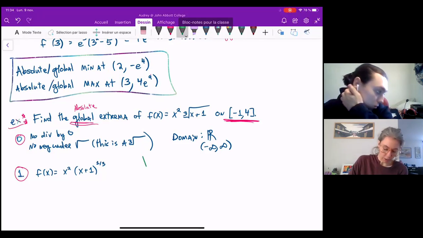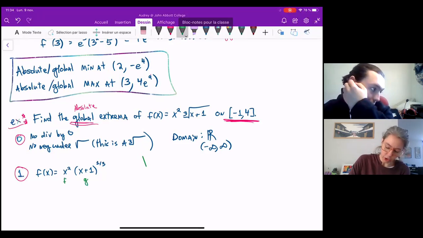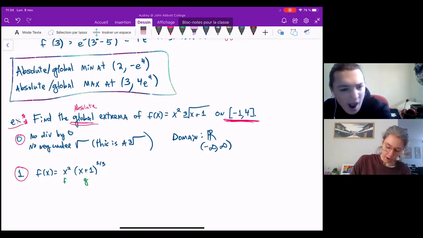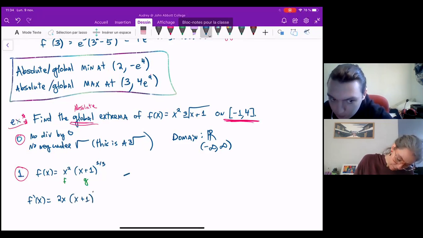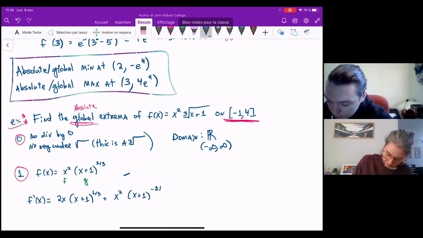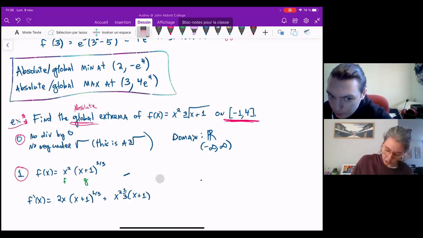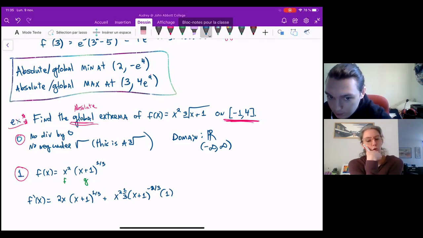You got it, this is a product rule. That's my f, that's my g. So my f prime of x is the derivative of the first times the second plus the first times the derivative of the second. I bring the 1/3 down, subtract 1 to get negative 2/3, and then multiply by the derivative of the inside, which is just 1.